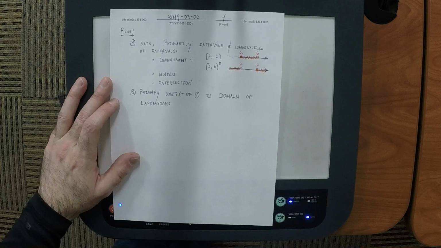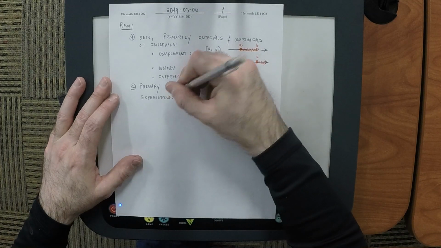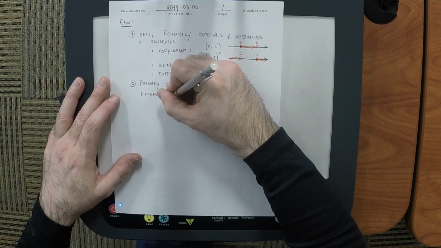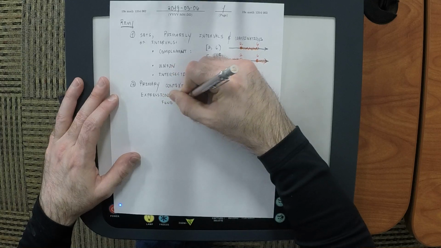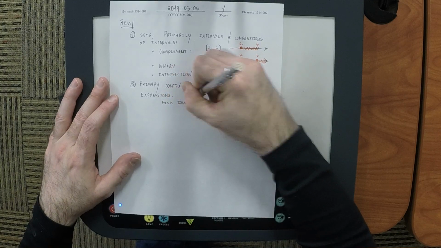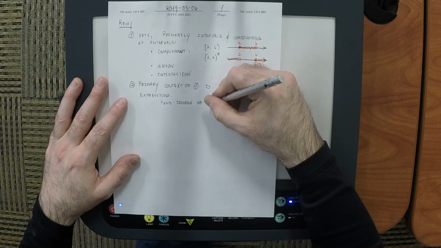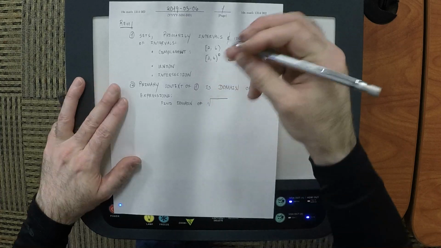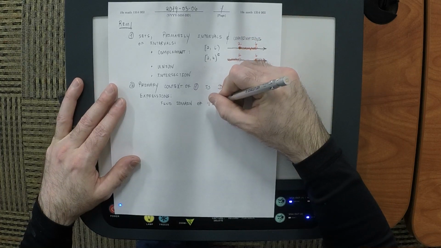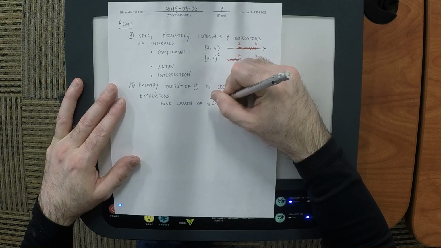We can have an exercise like find the domain of the square root of 2x plus 9.